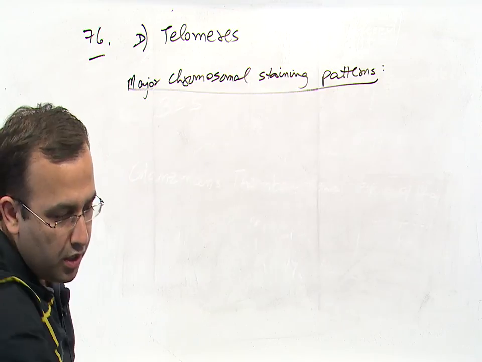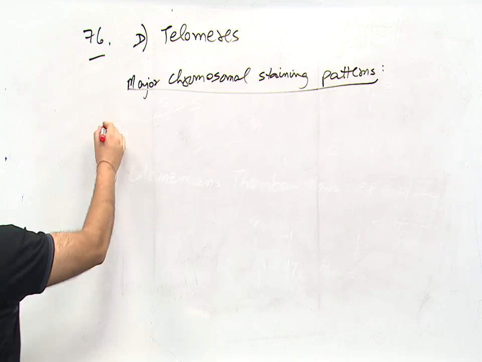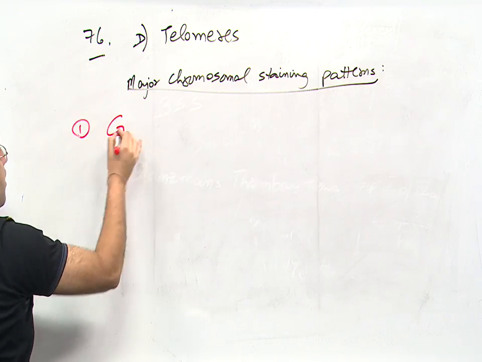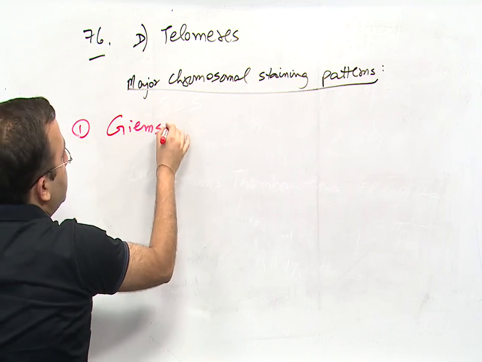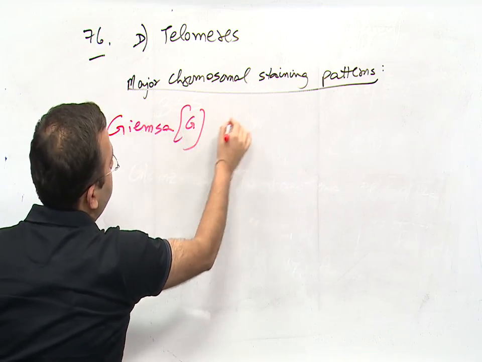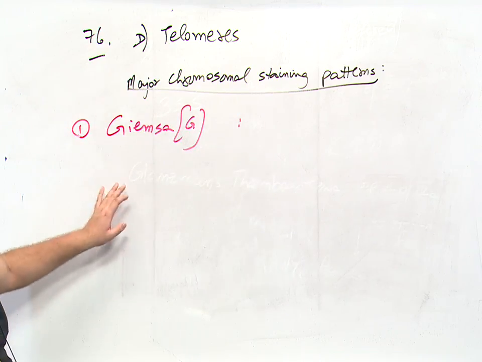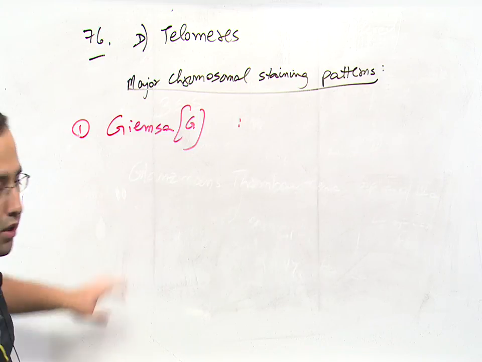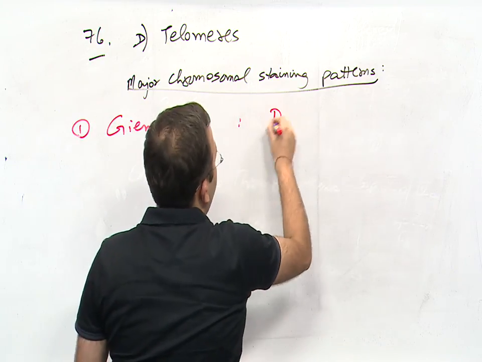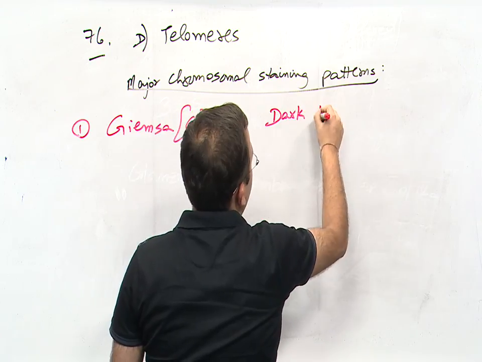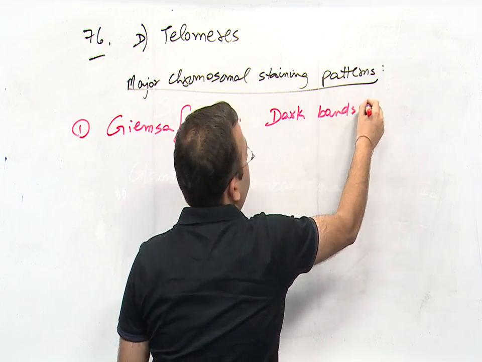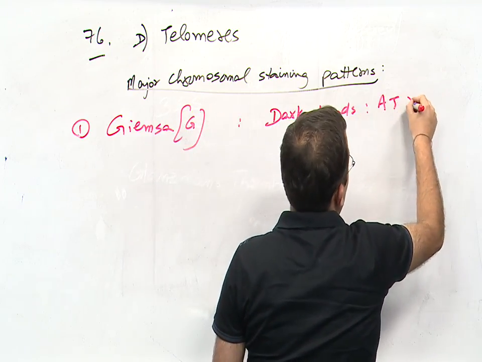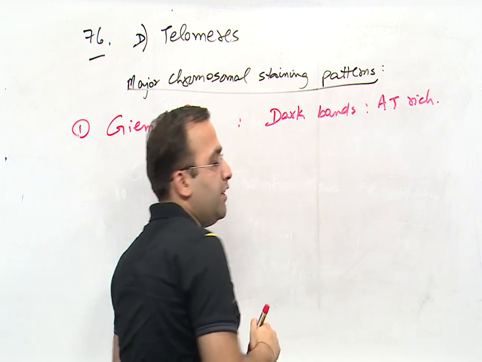Major chromosomal staining patterns. Starting with the first one, that is Giemsa or G banding. Dark bands in G banding are AT rich.